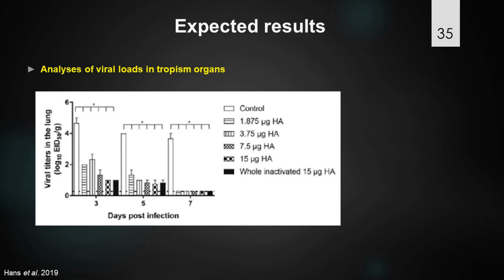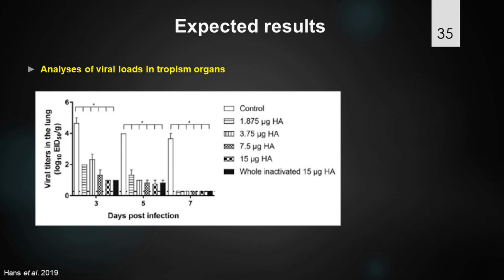So the lung virus titers of whole inactivated hemagglutinin A immunized mice infected with influenza H1N1 strain were measured, and on day 3, 5, and 7 post-infection, lung tissues were collected and the viral titers were calculated using embryonated chicken eggs, and the results were expressed as log 10 EID 50 per gram of tissue, and the limit of virus detection was set at less than 0.1 log 10 EID 50 per gram.